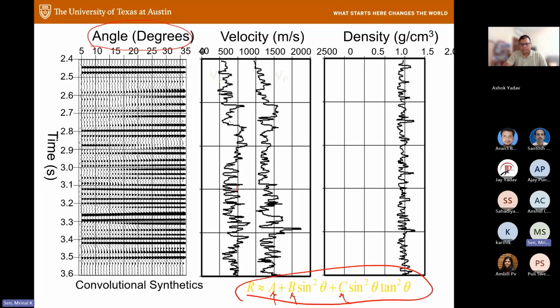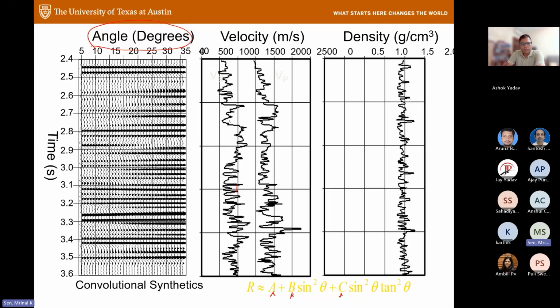Now that gives a beautiful picture, but how reliable is this? That is the question, and why do we even care to do full modeling when we're getting synthetics which look very realistic? However, you want to recall some of the assumptions that were made in here. The first thing that we assume is that this linearized reflection coefficient equation is valid.